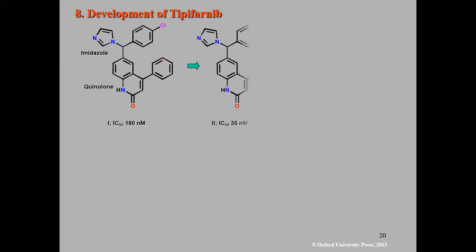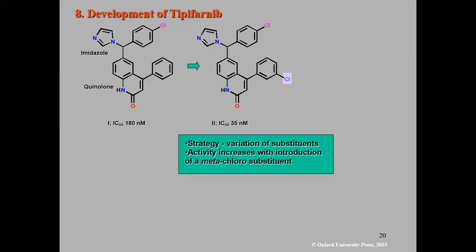So what they did, they added a fluorine atom. And what development strategy is that? It's variation of substituent. We have hydrogen here, and here we have fluorine. The activity increases with the introduction of a meta-chloro substituent. As you can see, the IC50 for compound 2 is just 35 nanomolar.